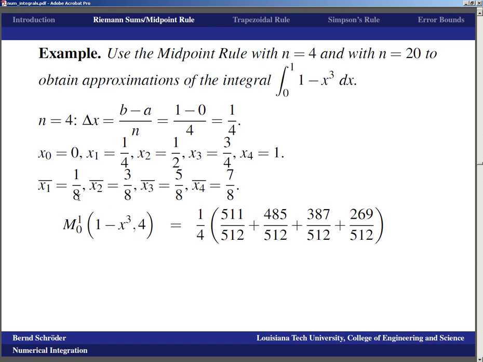8 times 8 is 64, and if you multiply that with 8, you come out with 512, because 64 times 8 is 480 plus 32, which is the 512 here. And so then 1 minus 1 over 512 is 511 over 512. 3 cubed is 27, right? So 512 minus 27, that would be 505 and then 485 in the numerator, because you've got 512 over 512 minus 27 over 512.